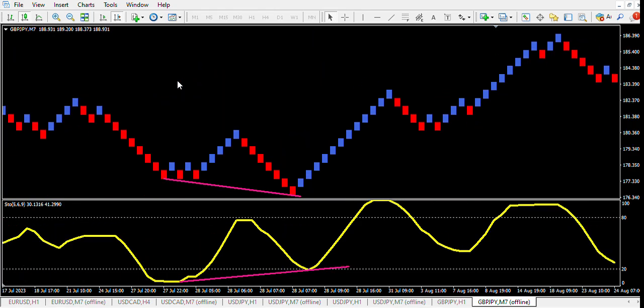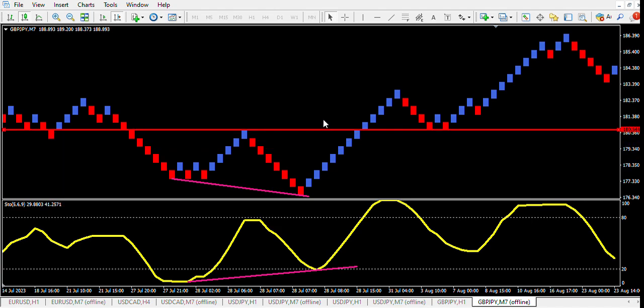Now here's a really good one here. I really like this trade. If you would have seen this, hindsight's always 20/20, of course, but you can see how this was going down, stochastic was going up, and we're in a way oversold position. This would have been a fantastic trade.